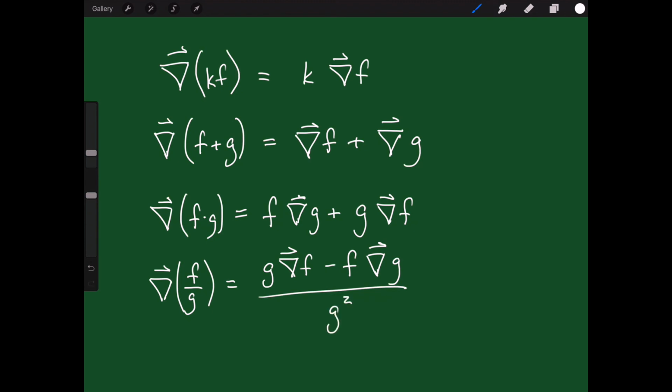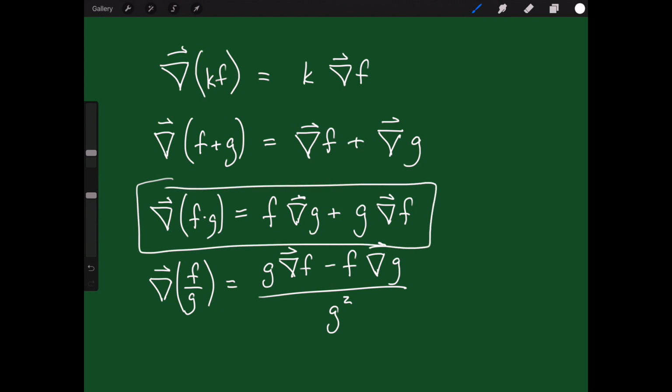This one should remind you exactly of the product rule, and this one should remind you exactly of the quotient rule. Because really, what is a gradient? It is a derivative. So when I say the gradient of some function that is a product, you should be thinking, okay, I'm taking the derivative of a product, so I need a product rule.